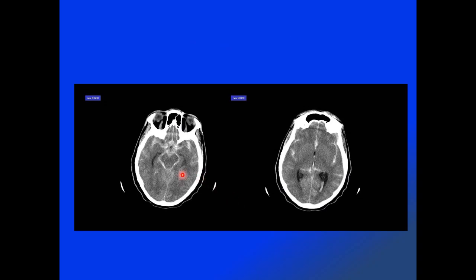Here's an example of a patient who presents with an acute subarachnoid hemorrhage within the suprasellar cistern, anterior aspect of the Sylvian fissures, within the interhemispheric fissure, and a small amount of hemorrhage within the left occipital horn as well.